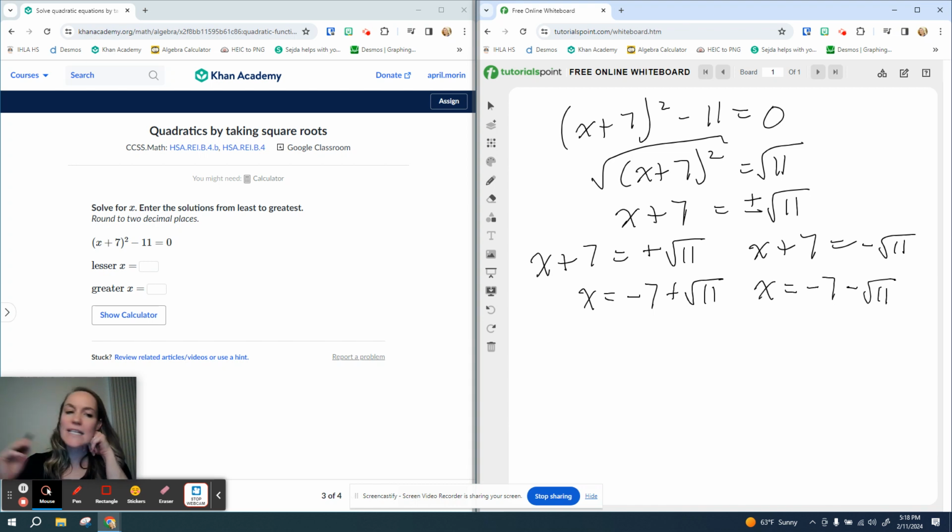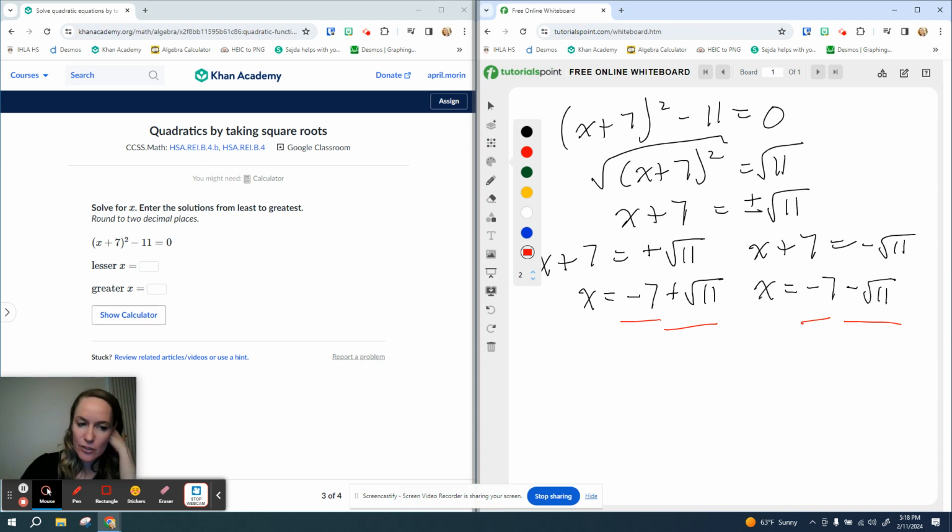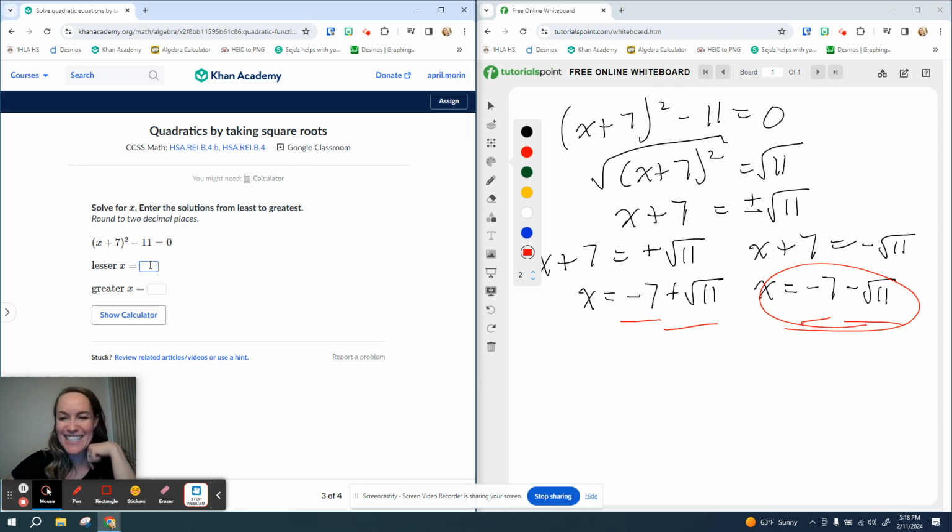So which one is the lesser one? Well, on the first one, I have negative 7, and then I'm adding something. And here I have negative 7, and I'm subtracting something. So when I subtract something, it's going to be lesser. So this one is my lesser one, if that makes sense.